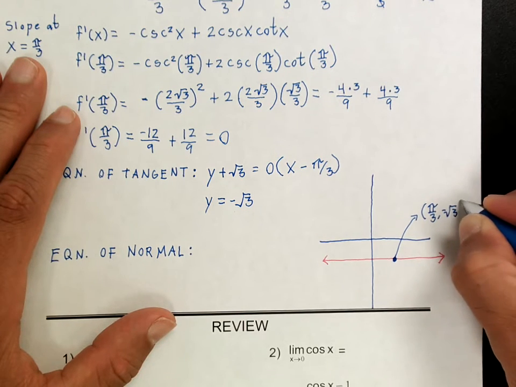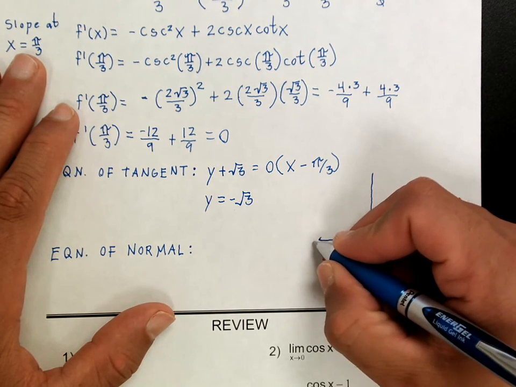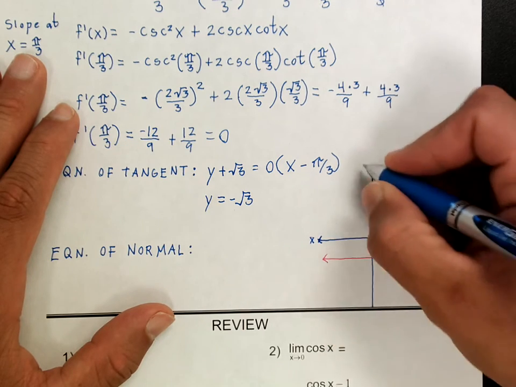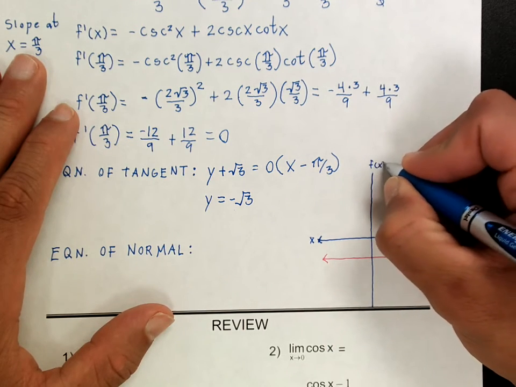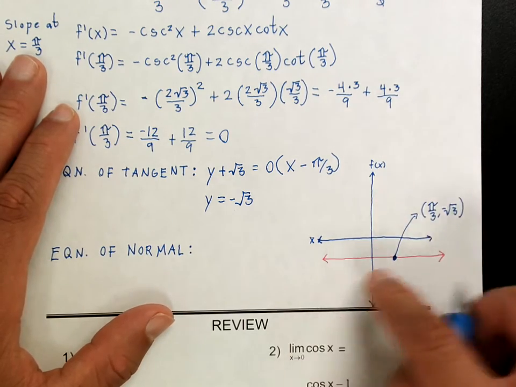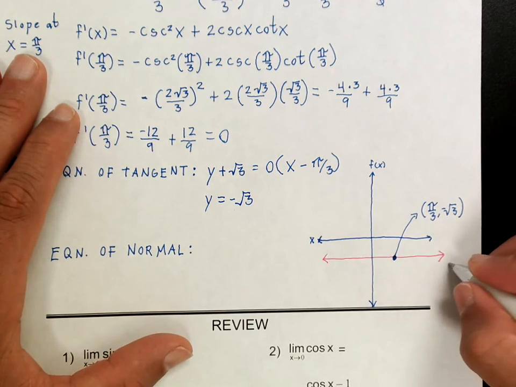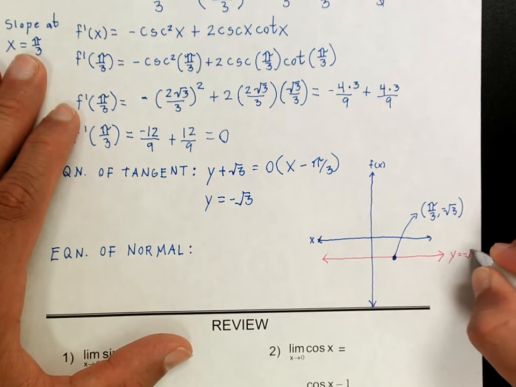That's the x and y coordinate of the point that I was looking for earlier. So now, remember, this is my x-axis, this is my y-axis, just to make sure we're clear on that. And this pink line is the equation of the tangent line that I just found. So this right here is y equal to negative square root of 3.